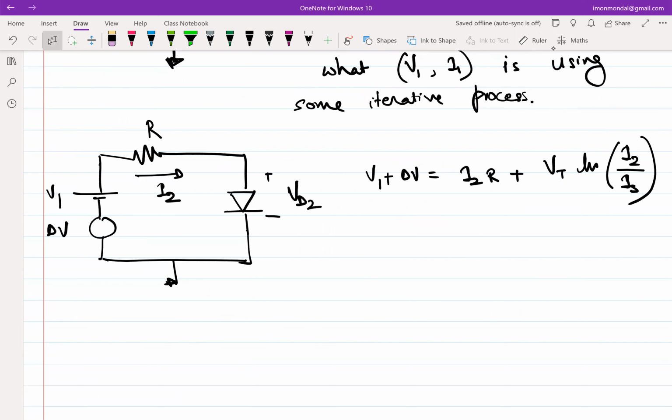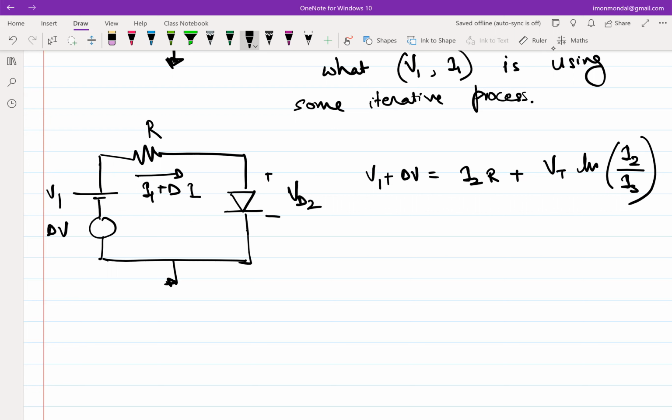Essentially, if V1 has changed to V1 plus delta V, I can say that the current also has changed. Initially it was I1. Maybe it has changed from I1 to I1 plus delta I.